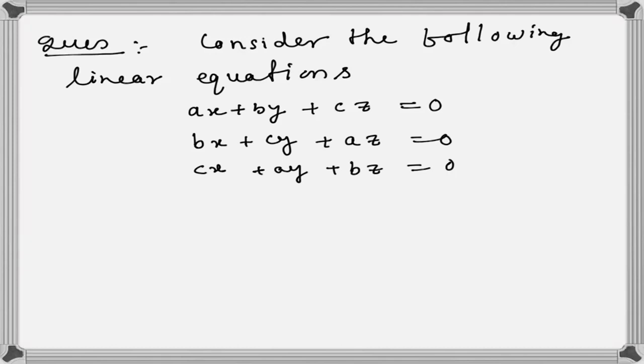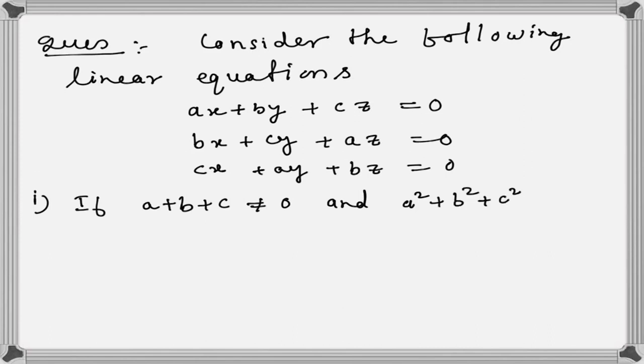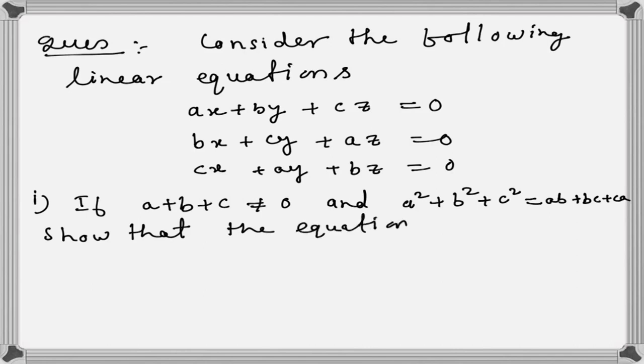Then if a plus b plus c is not equal to 0 and a square plus b square plus c square equals ab plus bc plus ca, then show that the equations represent an identical plane.